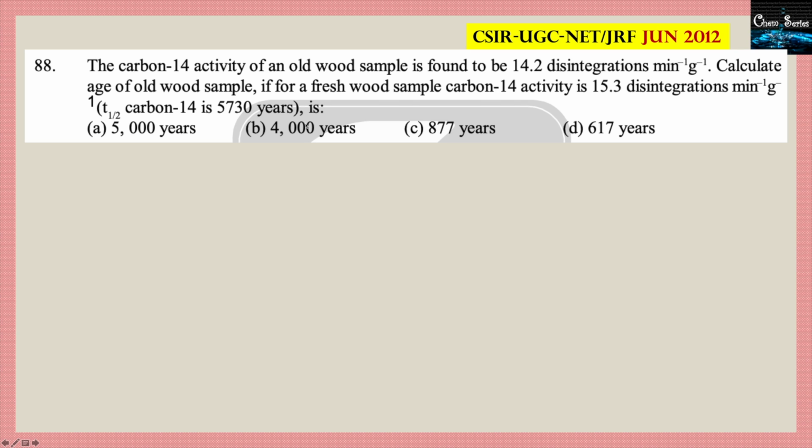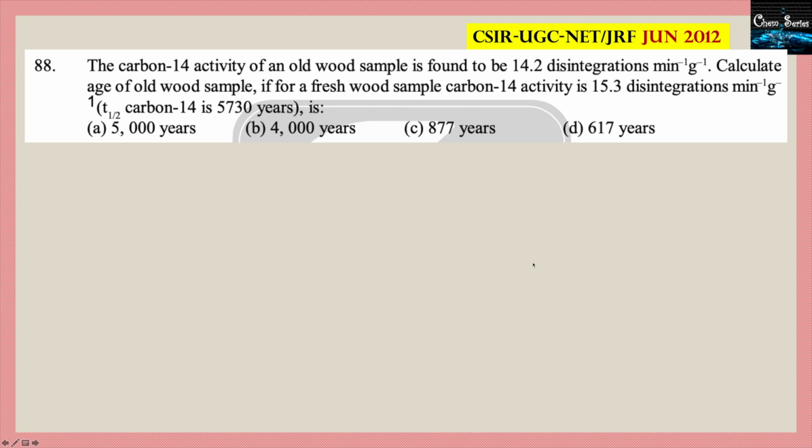So they are asking us the age of the old wood sample, and they have given the carbon-14 activity of the fresh wood sample as well as of the old wood sample.